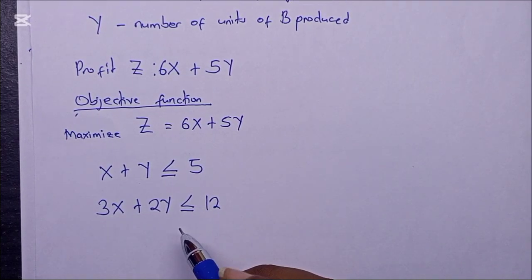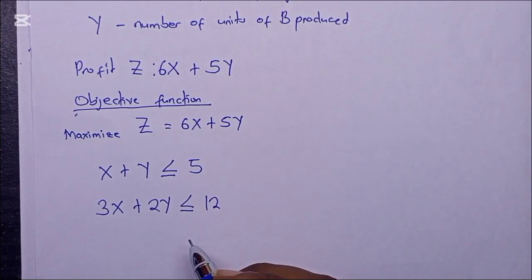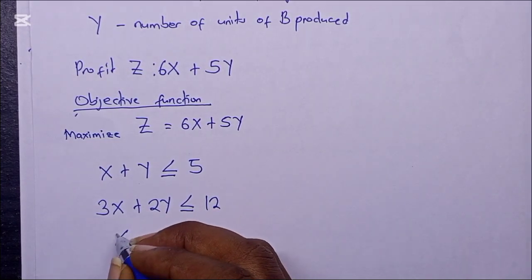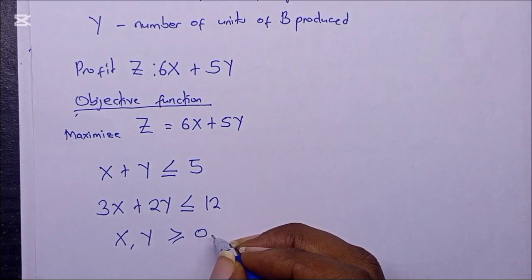Also we need to explicitly state that this manufacturer will make x and y greater than or equal to 0. This means he cannot produce negative quantities, so x and y have to be greater than or equal to 0.